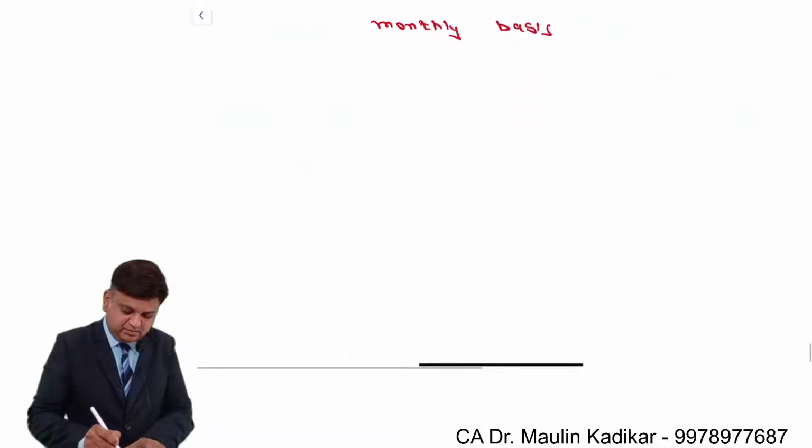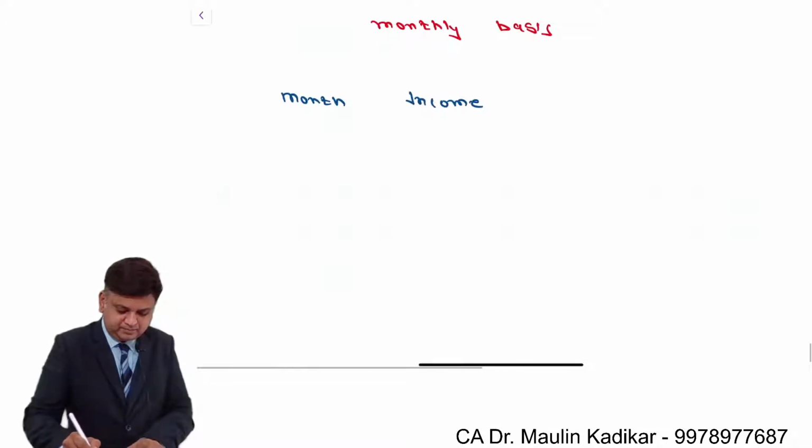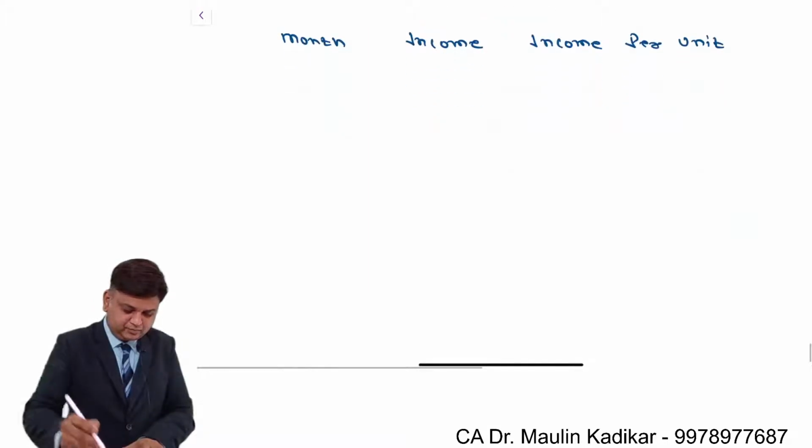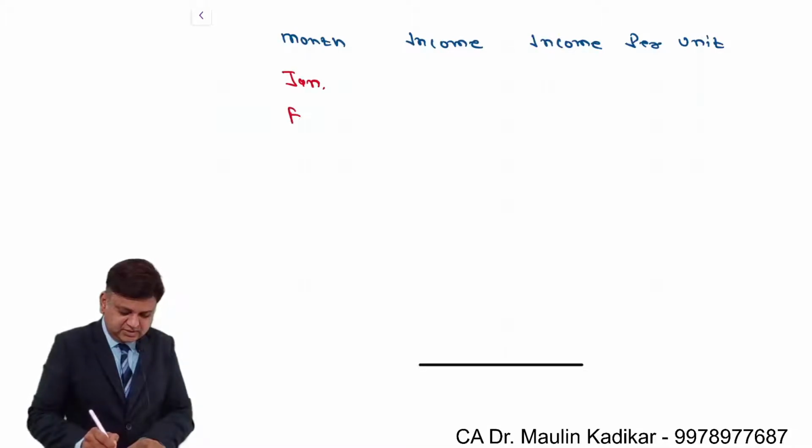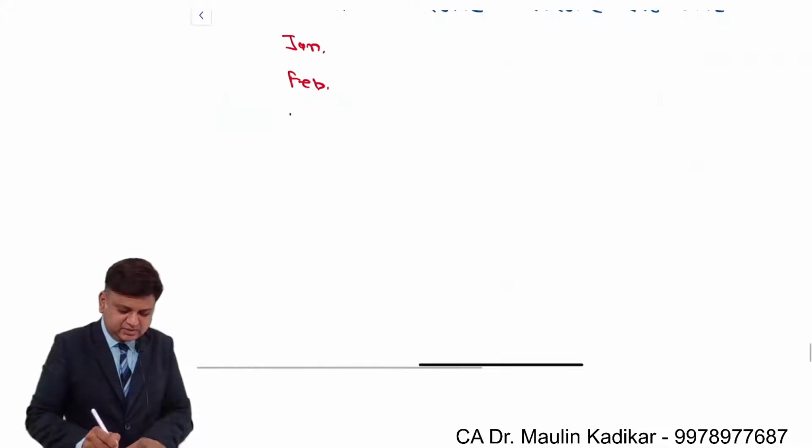In that, month is column number 1, income column number 2, and income per unit column number 3. In the month column it is January, February, and March.